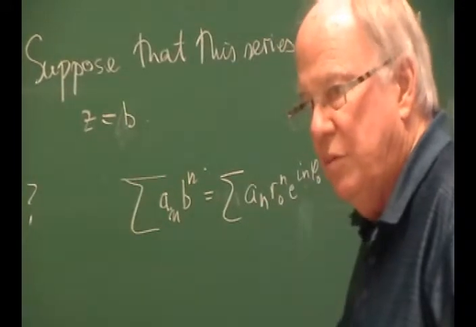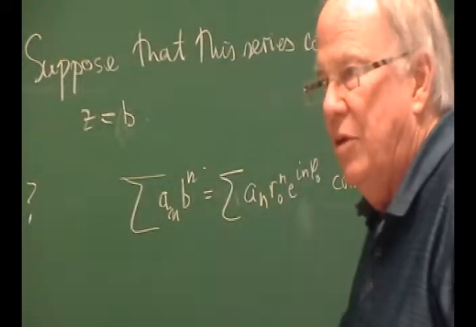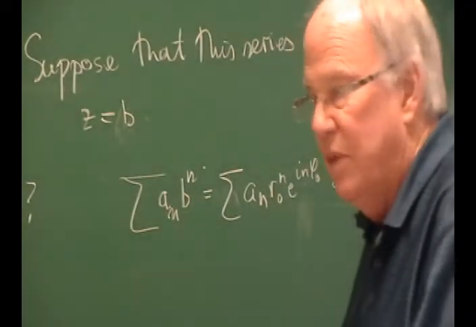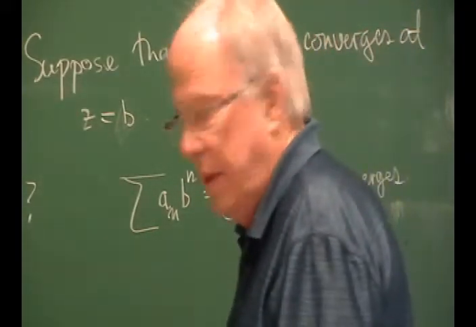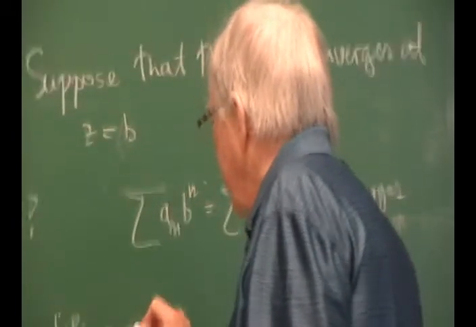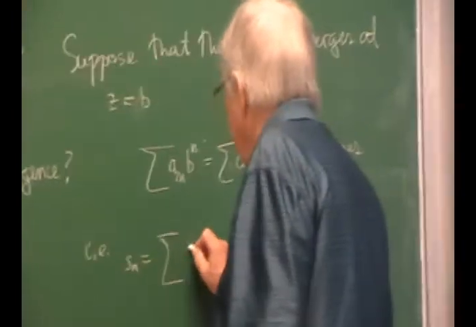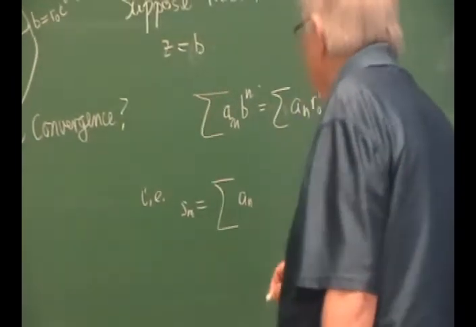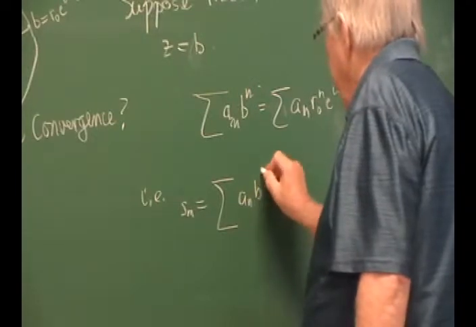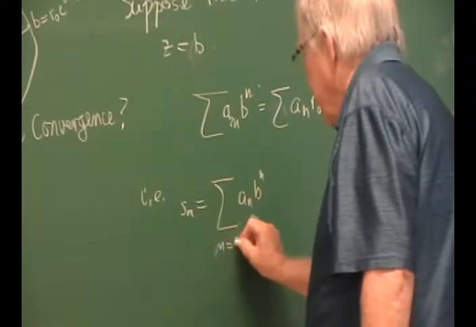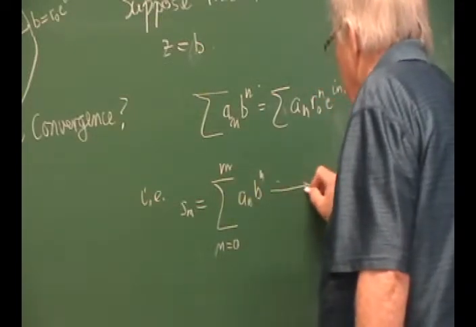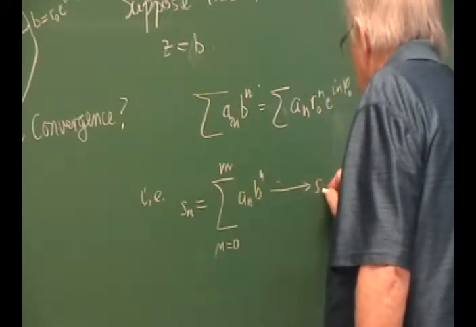Everybody knows what convergence means. It means that the relevant sequence of numbers converges. The relevant sequence of numbers is the sequence of partial sums. This means that S_m, which is the sum of a_n b^n from n equals 0 to m, converges somehow to something, S0.